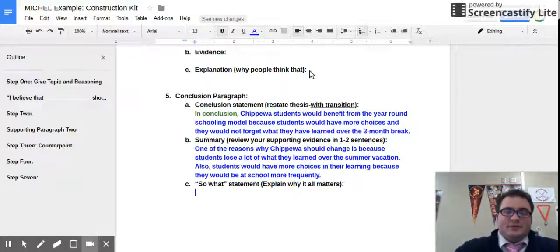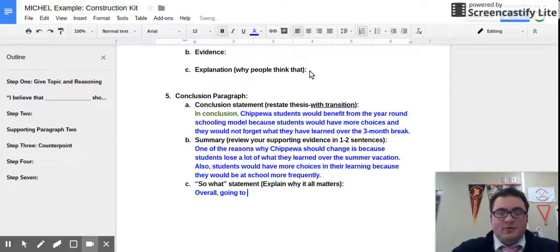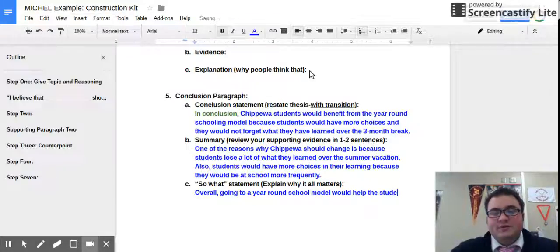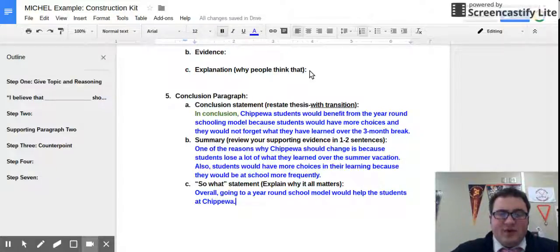Give a final thought, okay? So I could say, overall, going to a year-round school model would help the students at Chippewa. Okay, just giving a final thought.